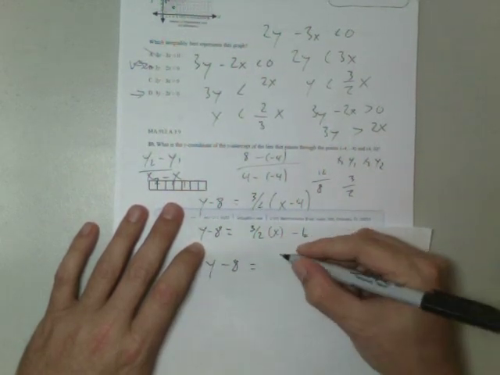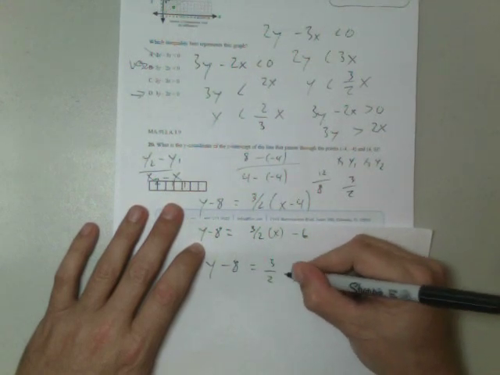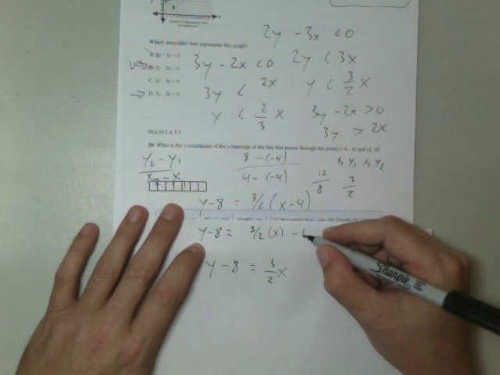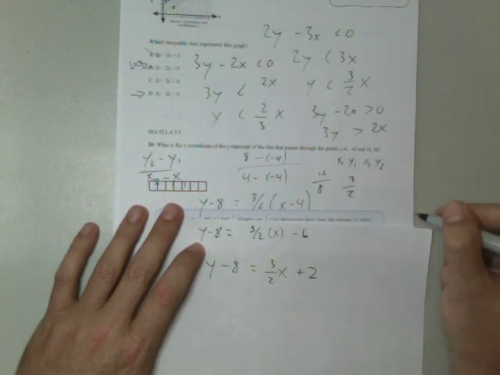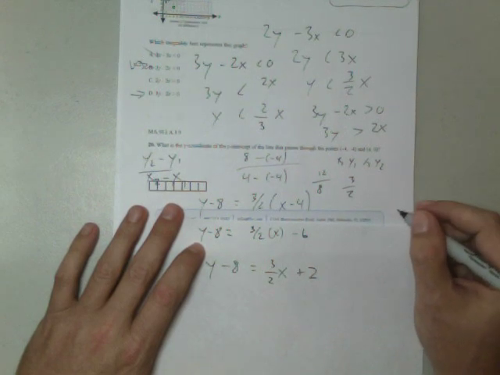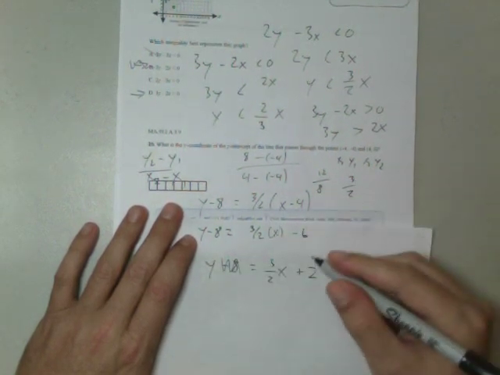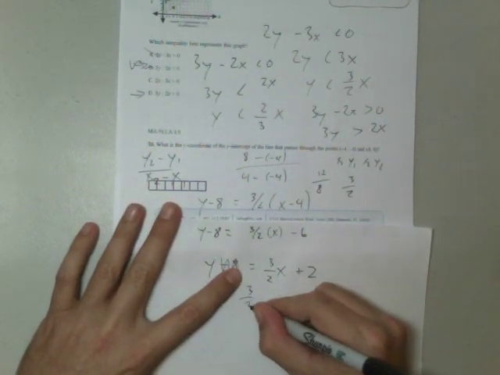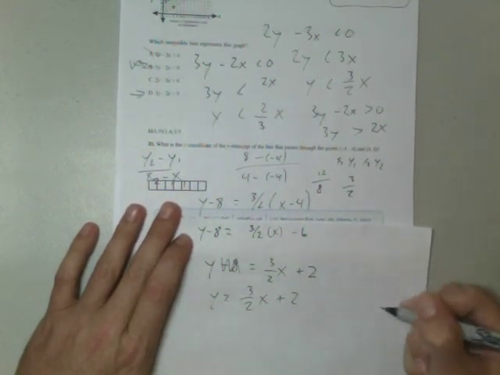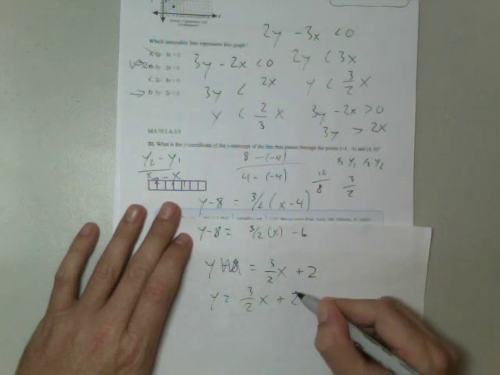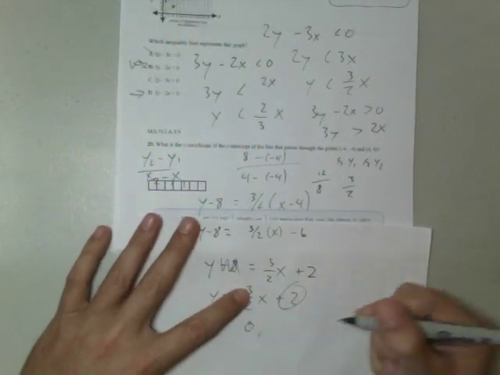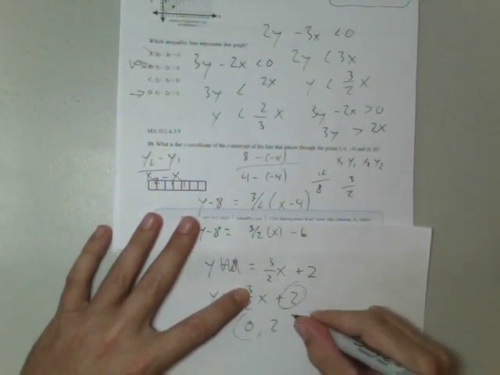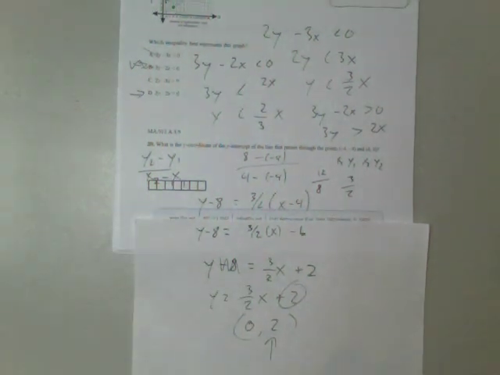Y minus 8 equals 3/2 x, this -6 plus 8 is plus 2. So if I've added my 8 here already, y equals 3/2 x plus 2. So this will be the y coordinate of the y-intercept. The x-coordinate will always be 0. So in this case it is (0, 2), and 2 is my y coordinate of the y-intercept.